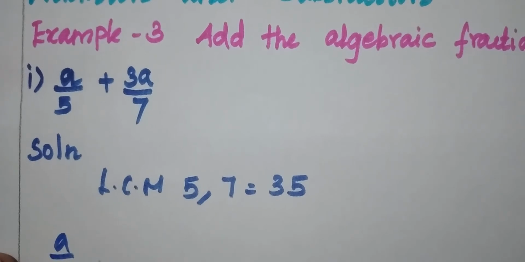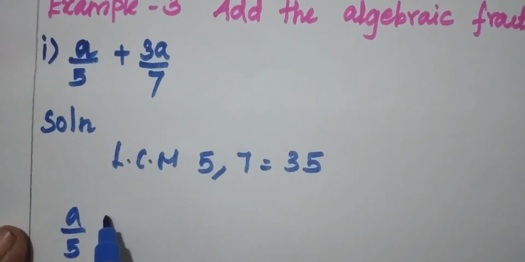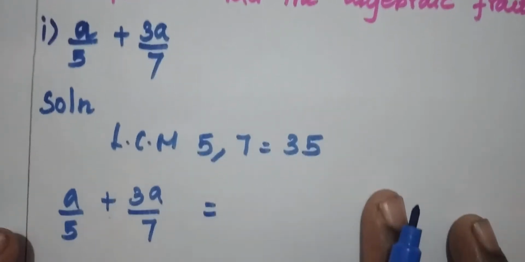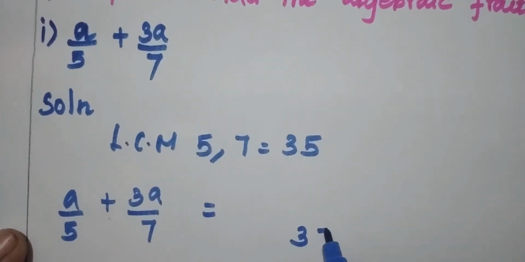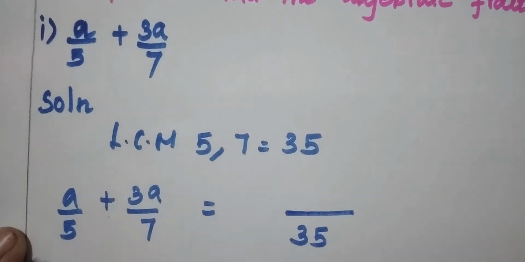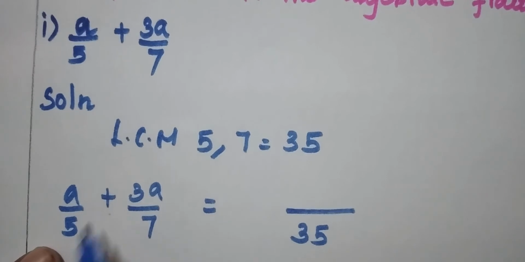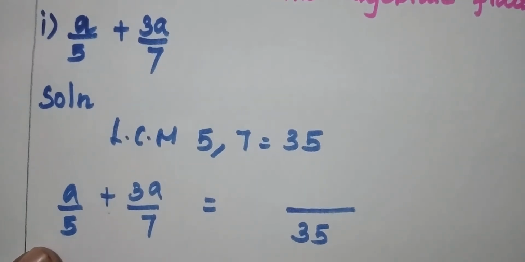a by 5 plus 3a by 7 is equal to, here the LCM is 35. Here the denominator is 5. In order to get the number 35, we should multiply both the numerator and the denominator by the number 7.